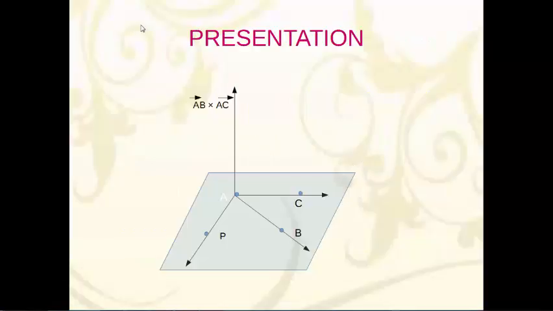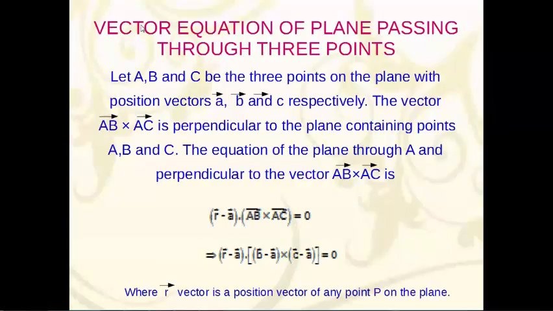Here A, B, C are 3 points on the plane having position vectors a vector, b vector and c vector respectively. Now the cross product of vectors AB and AC is perpendicular to the plane containing points A, B and C. The equation of the plane through A and perpendicular to the vector AB cross AC is (r vector minus a vector) dot (AB cross AC) equal to 0.